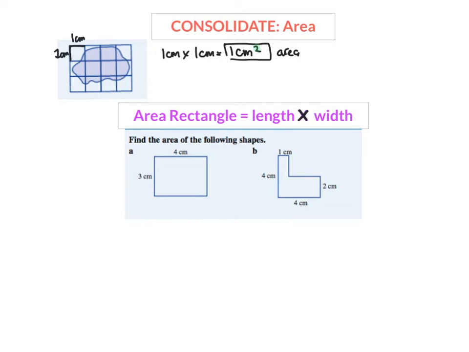So if we go through and have a look, we could say there's about 1, 2, 3, 4, and this one and this one makes 5, and then this is 6 and 6. And then we've got 6.5.